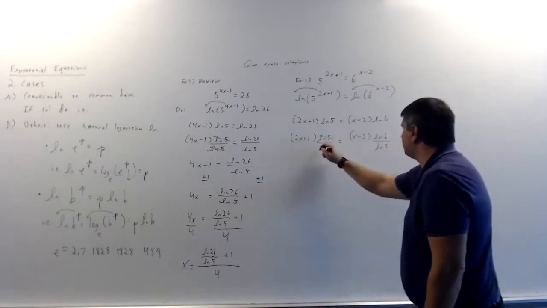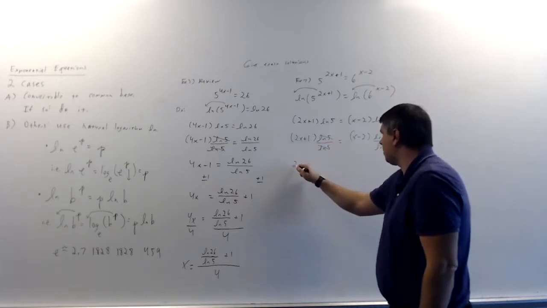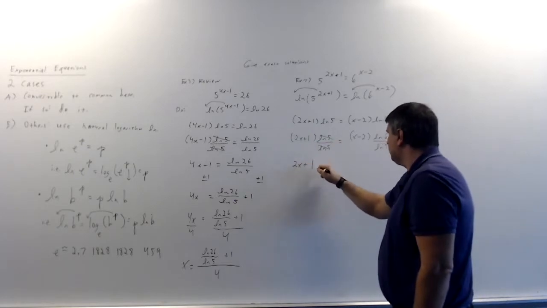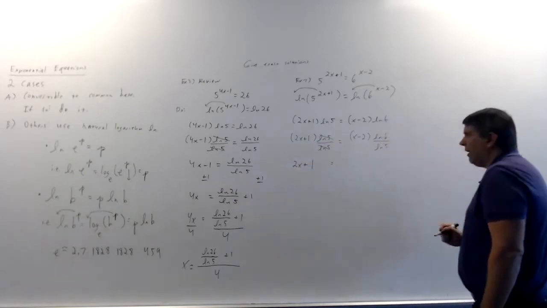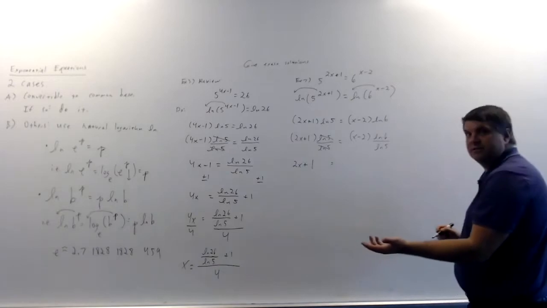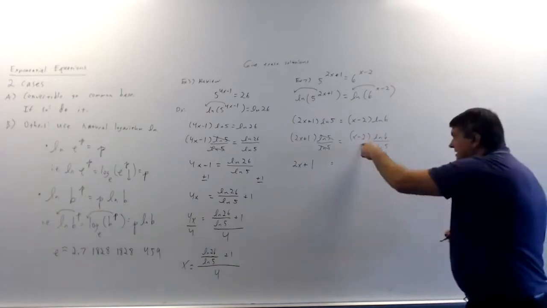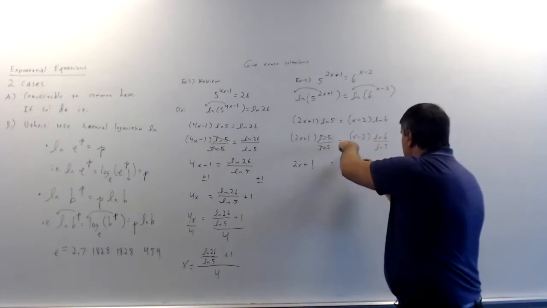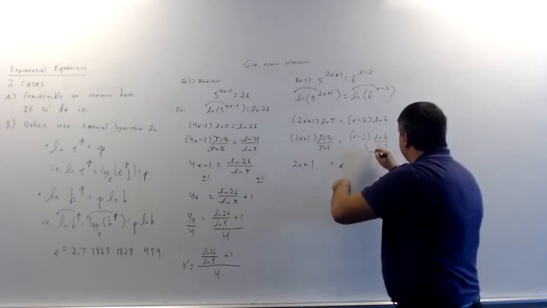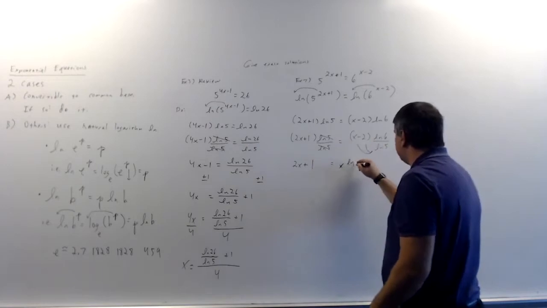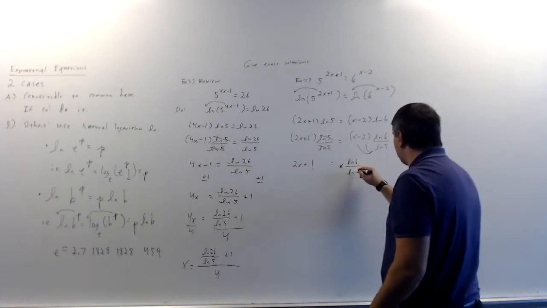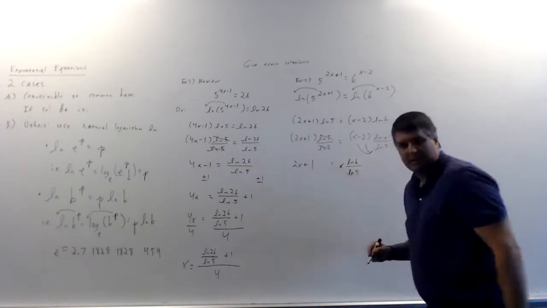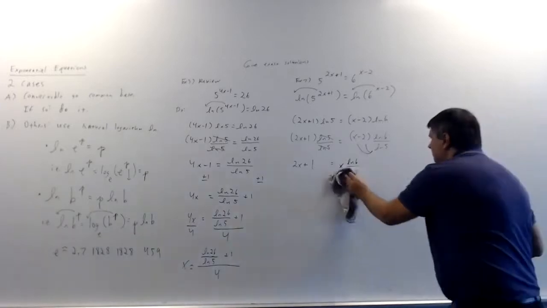So those two cancel, and we're left with 2x plus 1 equals, well, we got x's on both sides. It makes sense that I want to get this out of the parentheses. So I will go ahead and distribute. This times this, and this times this. So x, natural log of 6 over natural log of 5.